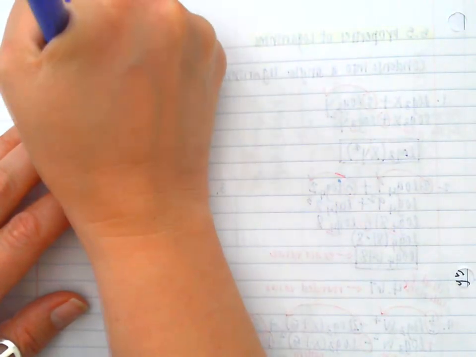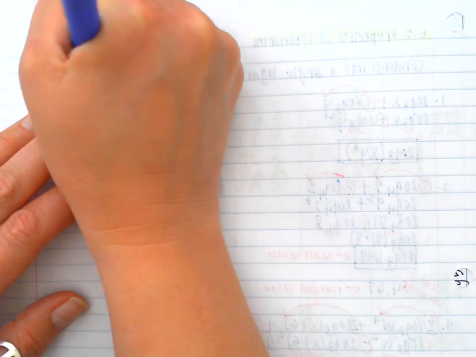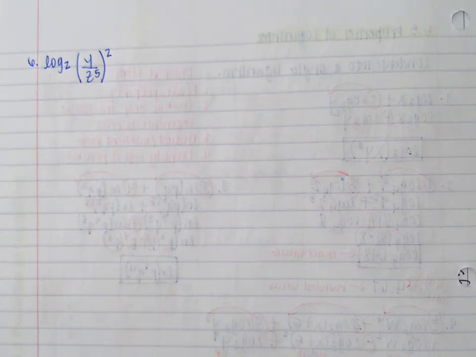Okay, so this is going to be log base 2 of y over z to the 5th, squared. Okay, so this is a little different. We have a power already in it, and there's 2 ways that you guys can do this.